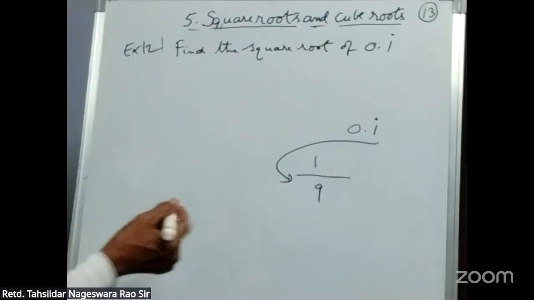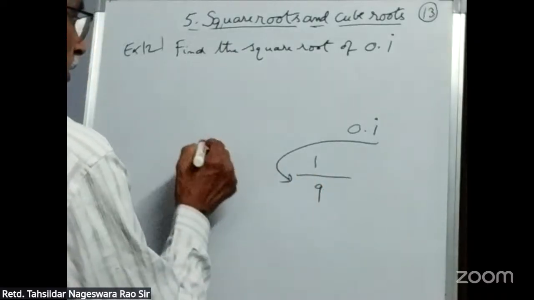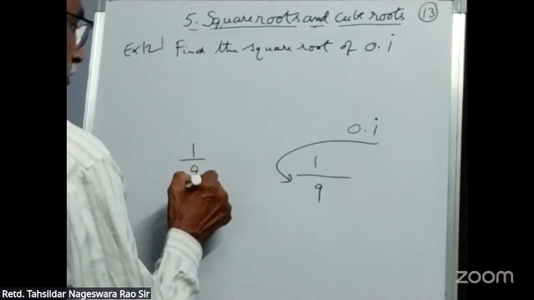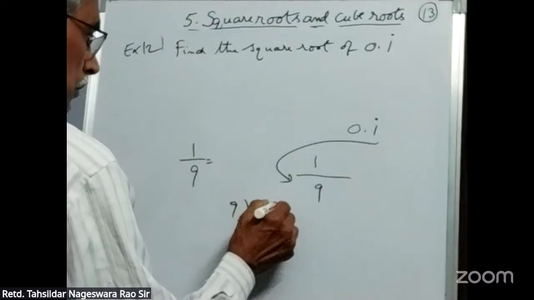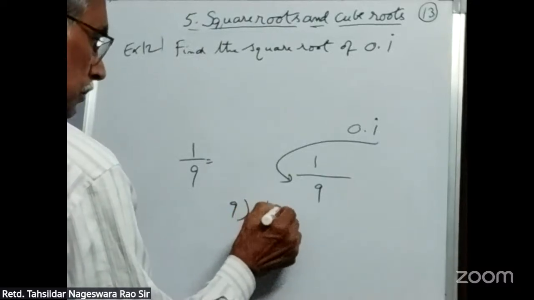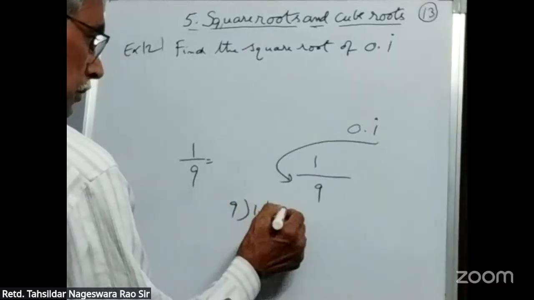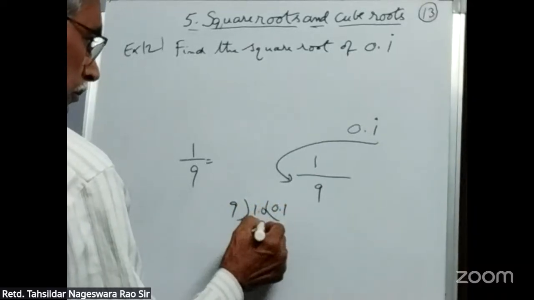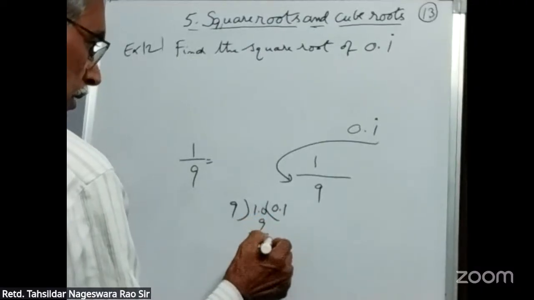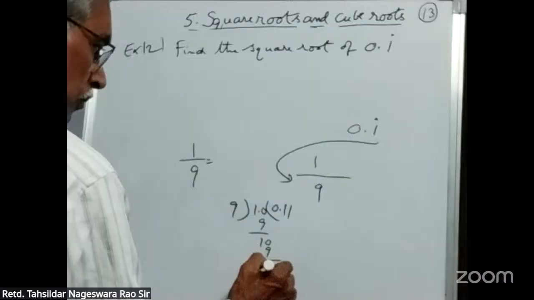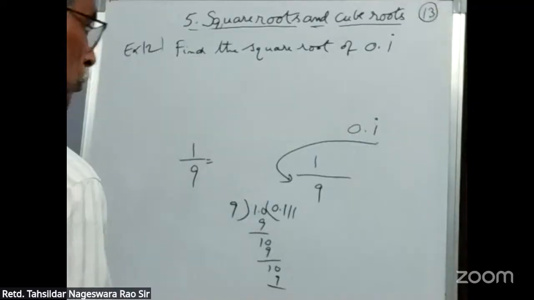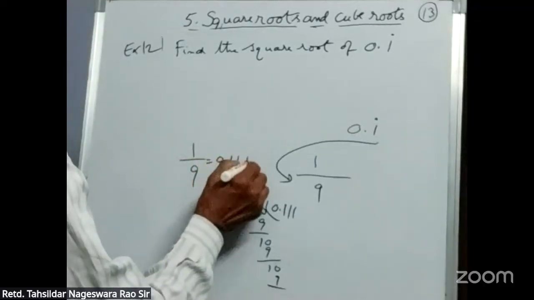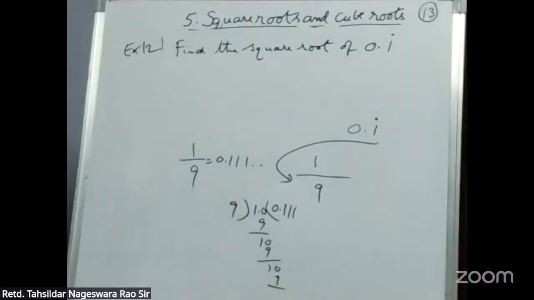I'm explaining once again. What is 1 by 9? 1 divided by 9. One time 1, again 0, one time 1, again 0, and so on. So 0.1111 and so on is the decimal value of 1 by 9.